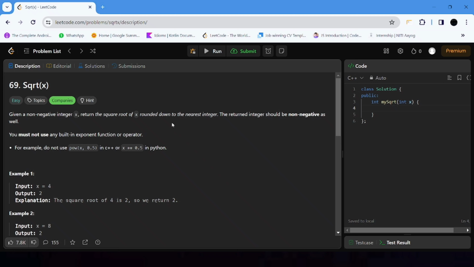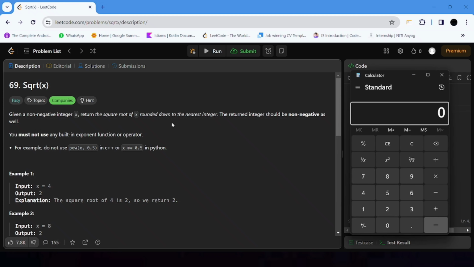That means let us take an example. What if we are given a value which is not a perfect square? Let us consider 232. We know that 232 is not a perfect square, but we know that 15 squared is 225 and 16 squared is 256, which lie around 232.